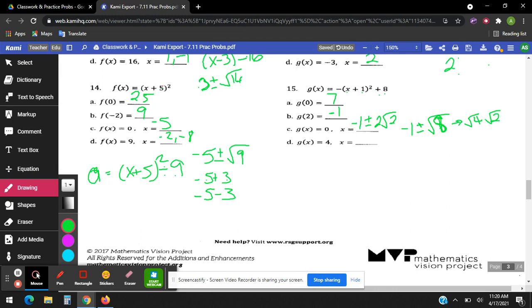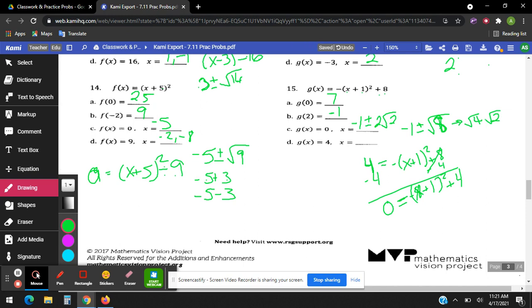Okay. When it equals 4, then I'm going to have 4 equals negative x plus 1 squared plus 8. Need to subtract 4. So then I have 0 equaling, so when we divide out of this, that doesn't really change a whole lot with this guy, but x plus 1 squared plus 4.